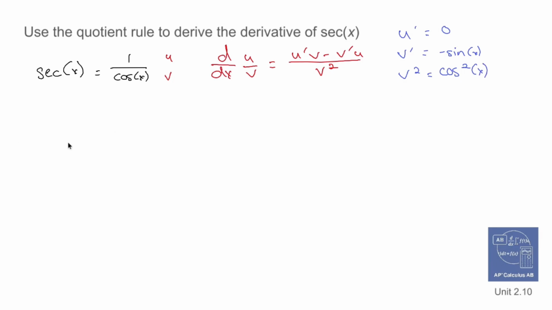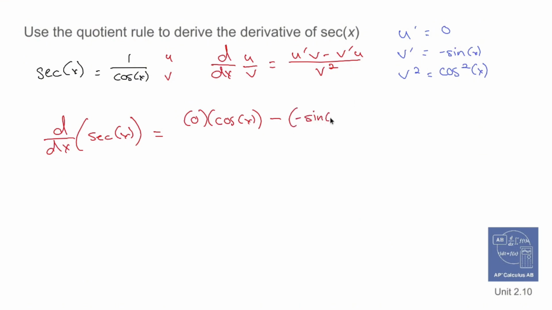All right, so let's put it all together. The d/dx of secant x is going to equal u prime v, so 0 times cosine x, that's going to make life easy, minus v prime, so minus negative sine, so a double negative right there off the bat, times u, which is 1, all over cos squared x.